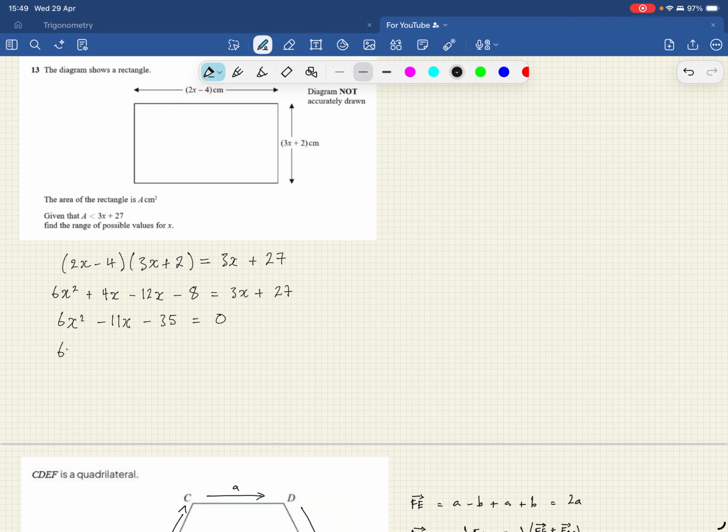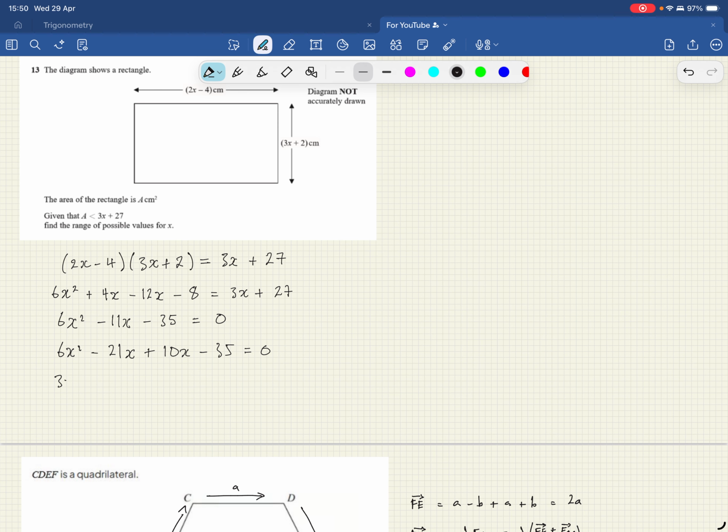So 6x squared minus 21x plus 10x minus 35 is 0. So I've still got minus 11x in the middle, but I've split the middle term. Now I factorise separately, so I can take out, I think I can only take out an x there, can I? And wait, no, I can take a 3.